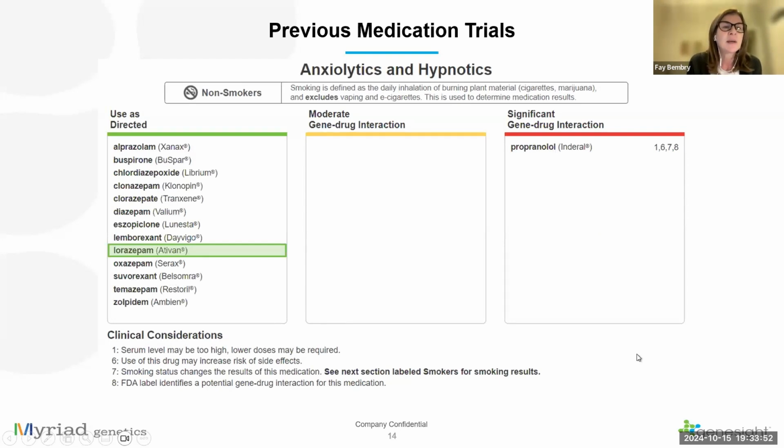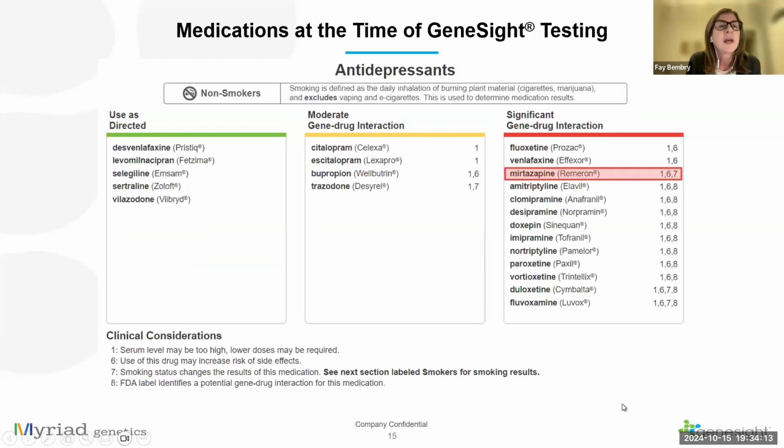Then when we look at her anxiolytic profile, it's pretty standard. Lorazepam was in use as directed. I believe the adverse event she experienced from lorazepam was just a side effect that an 88-year-old gets when they take a benzodiazepine, so we're often very careful about those.